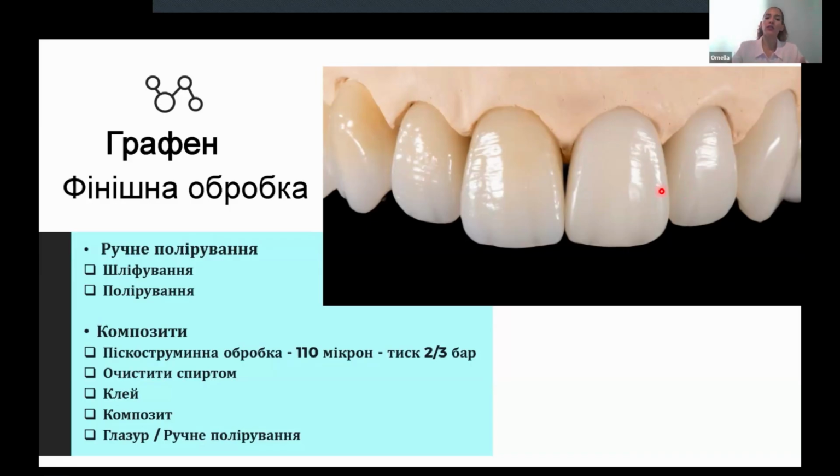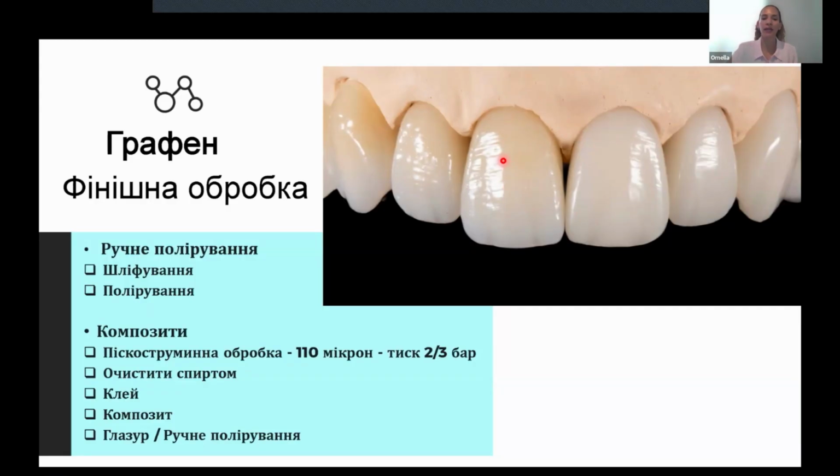If I want to do staining, or I need to put, for example, in a full arch, the pink composite, I need to do a specific process that I'm going to explain now, and you're also going to see a video. If we need to do more characterization because it's necessary.